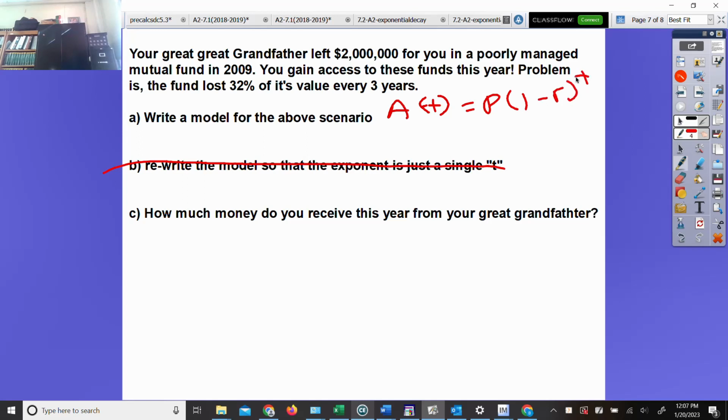Plug into that and maybe adjust some things. Principal will be $2 million. What's the rate of decay? 0.32. Kaylee, how do you need to modify that exponent t?